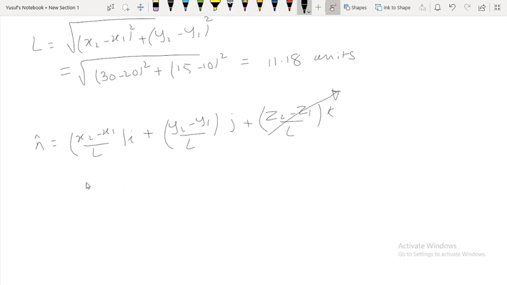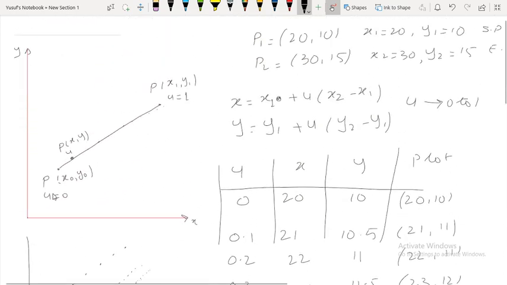So it is (30 minus 20) divided by 11.18 as i, plus (15 minus 10) divided by 11.18 as j, which is the unit vector of the line. In this way you can draw the line. In the next lecture we will see how to draw the circle.